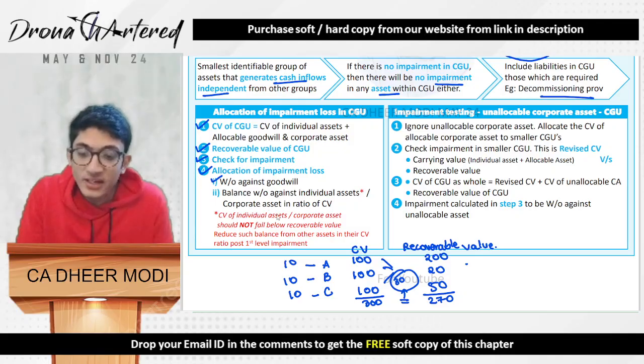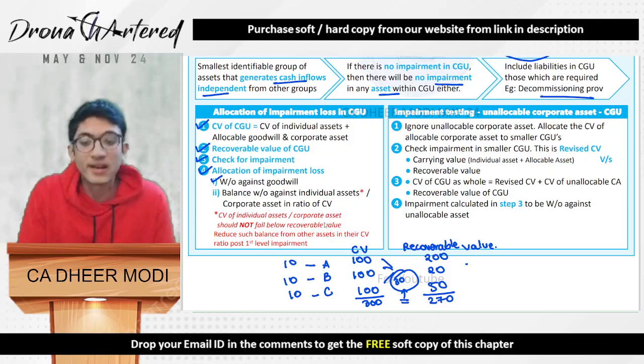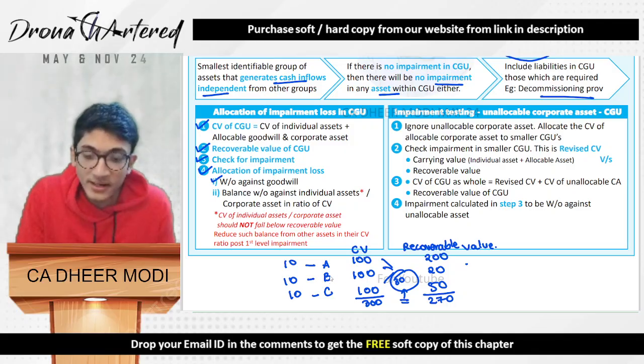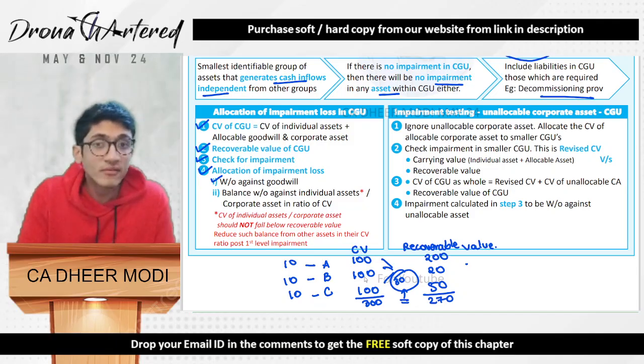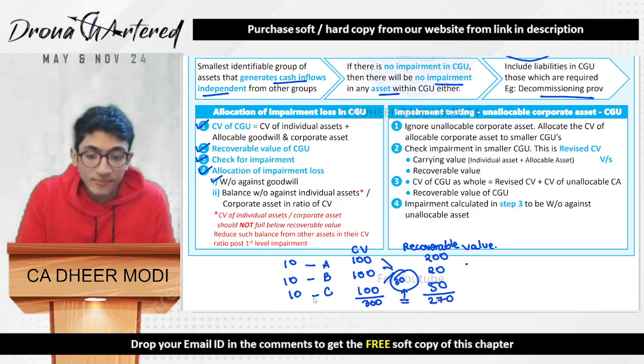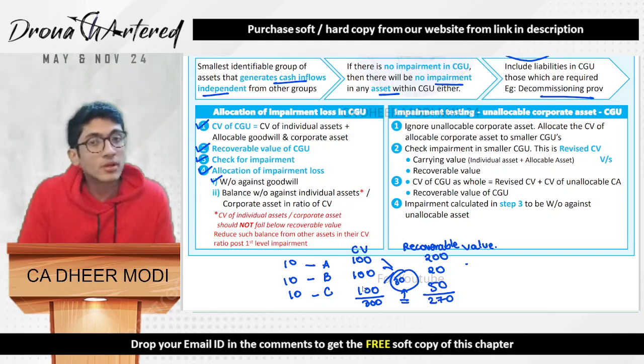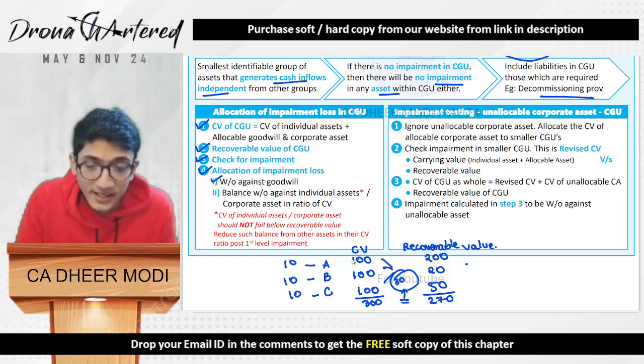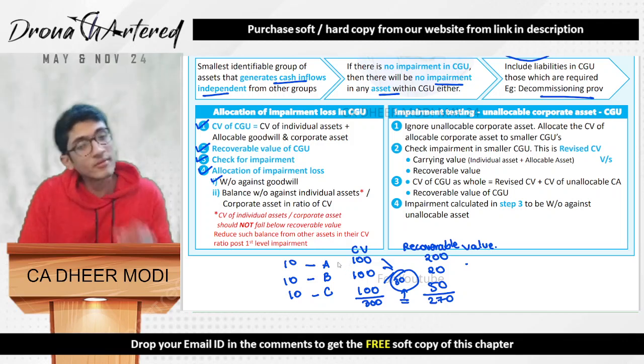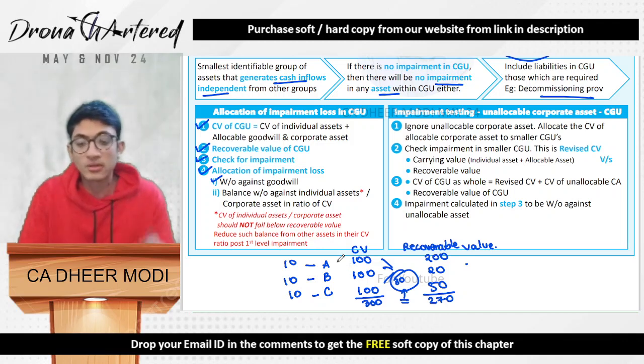Carrying value of individual assets should not fall below the recoverable value. Understood? If we subtract 10 from this, will it fall below the recoverable value? No. If we subtract 10 from C, will it fall below the recoverable value? No. If we subtract 10 from A, will it fall below the recoverable value? No. Okay, so we are allowed to do this.